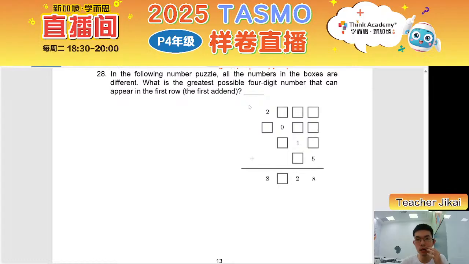So we know every number is different, and we have 10 boxes, and 10 different numbers should be filling it. It means what? It will have 0 to 9. Everyone we will fill in once, right?